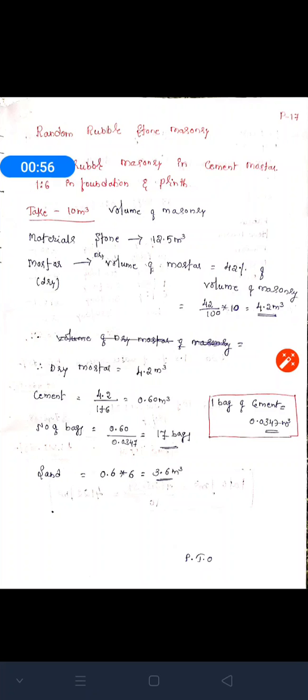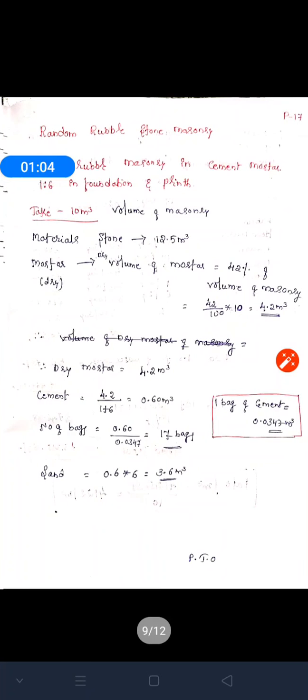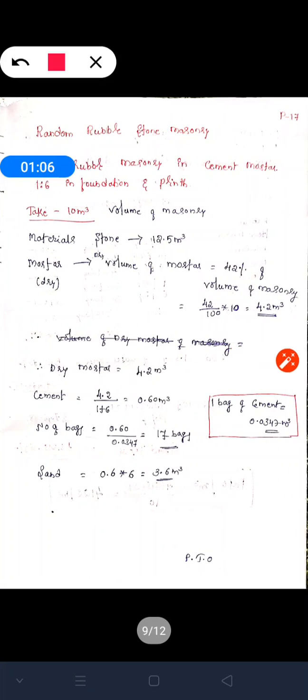Similarly for the stone material, the volume is 12.5 meter cube. You should remember this: for stone the volume will be 12.5 meter cube for 10 meter cube of work.